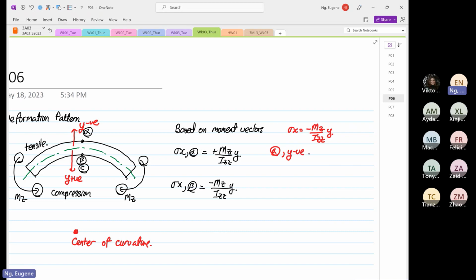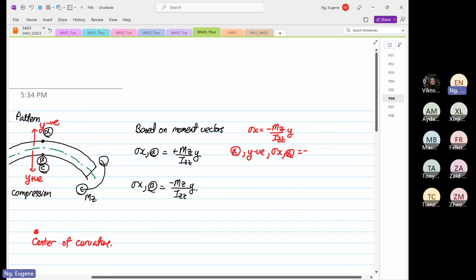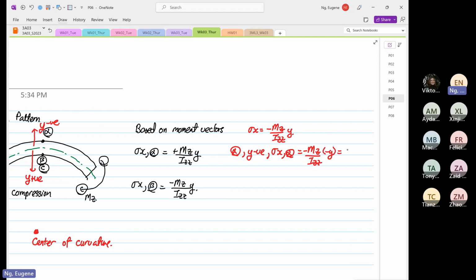So when you put into the equation, stress X at point alpha will be equal to minus Mz over Izz multiplied by minus y, and then you get positive Mz y over Izz.